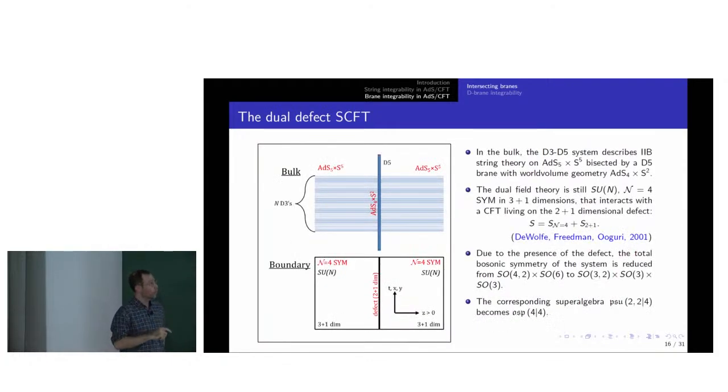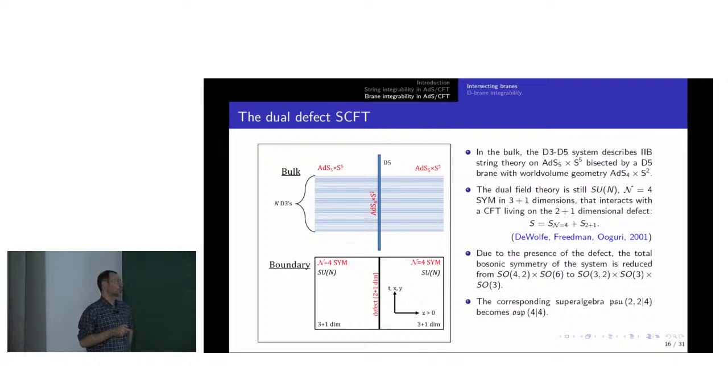So this is the holographic setup that we get. On the bulk theory side, we had IIB string theory in AdS5 cross S5. But now we have a probe D5 brane of AdS4 cross S2 geometry, which bisects the bulk.